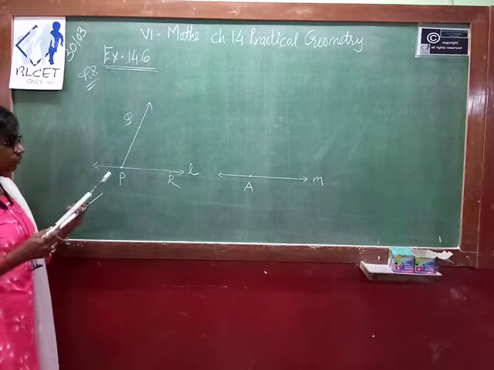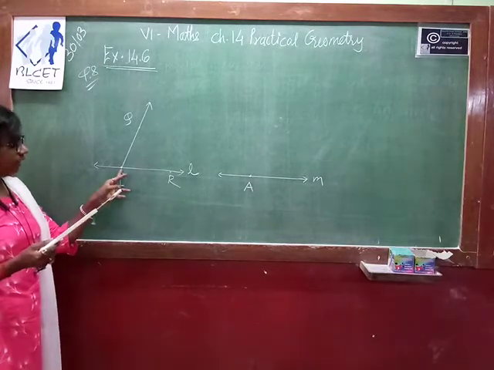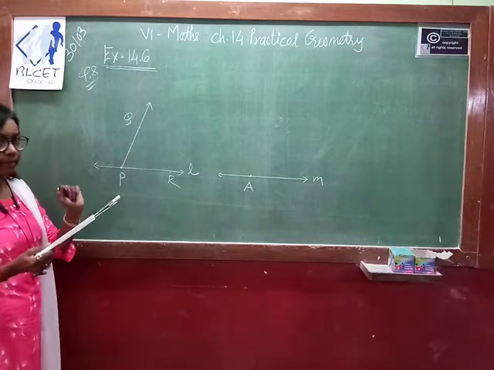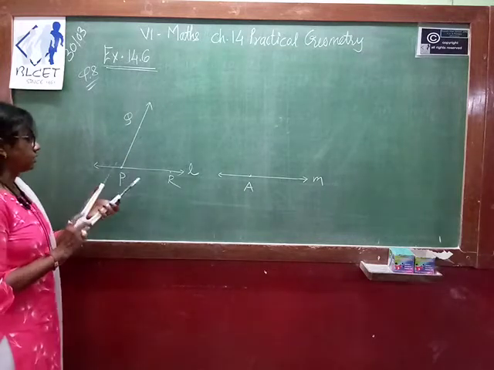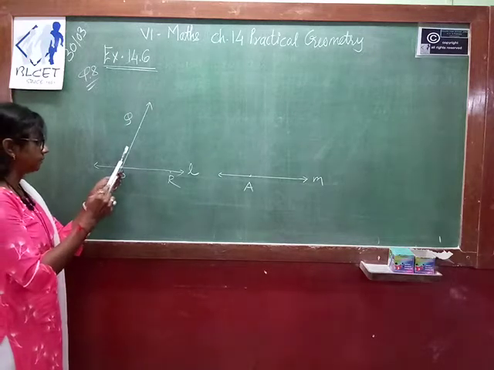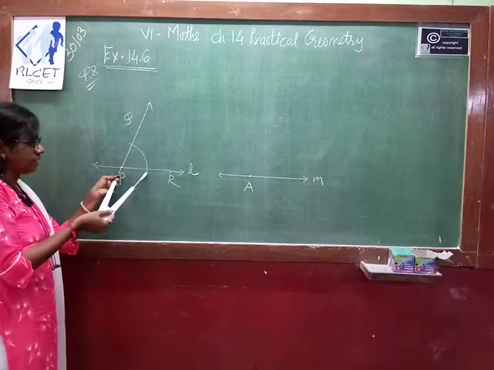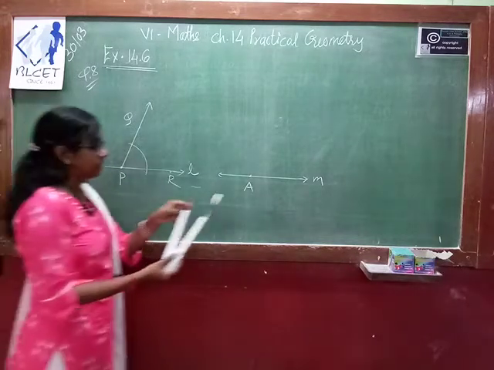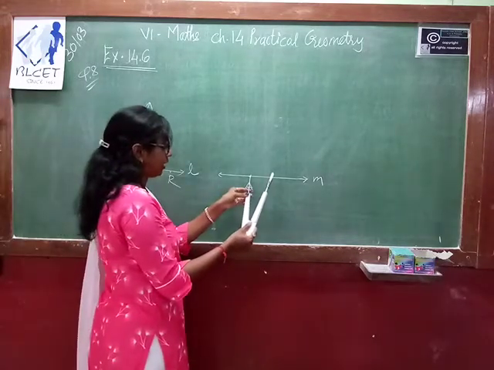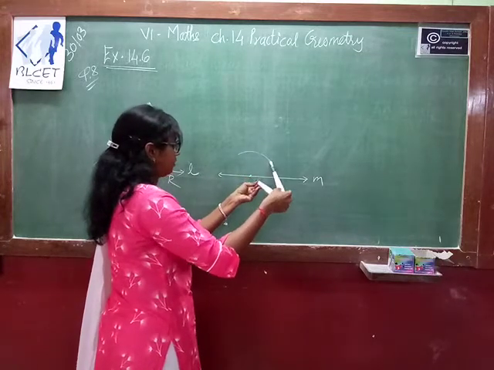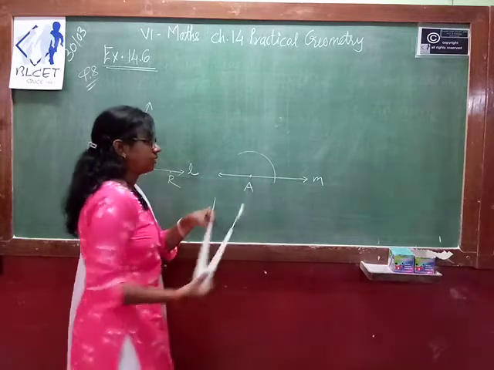We first have to find the distance between these edges with the help of this arc. We draw an arc like this. Without changing this measurement, we go over here at point A. Keep your pointer and draw the same arc without changing its measurement.